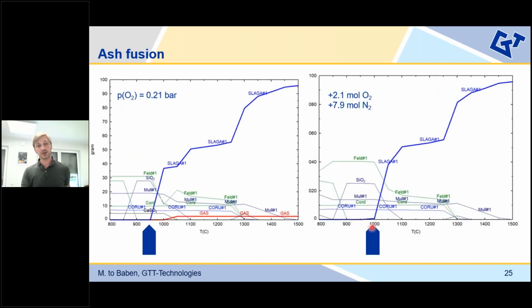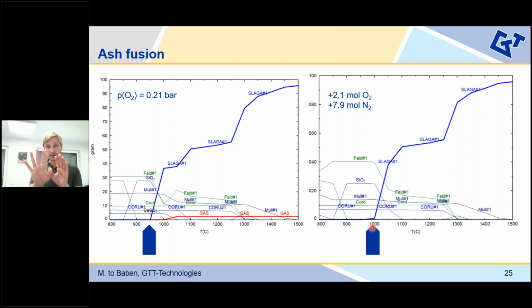Now we can see that this has already shifted the onset temperature for the melting by 50 degrees C, and actually even better agreement. As a reminder, the softening temperature was around 1200 degrees C, and that is most probably because of minerals not reacting because of reaction kinetics.